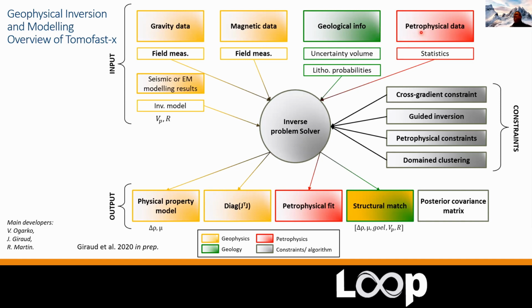So the idea is to use as much information as we can, including potentially the output of the geological modeling as the lithological probabilities or uncertainty value within the volume. It's also looking at doing cross-gradient constraint inversions, so joint inversions, guided inversions, and also using the posterior of one type of inversion as a prior model for the next data set to be inverted.